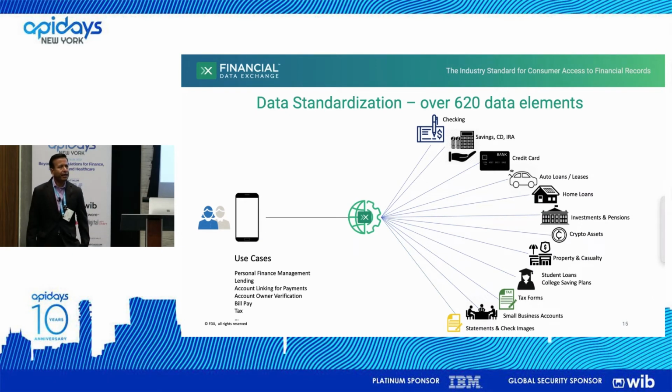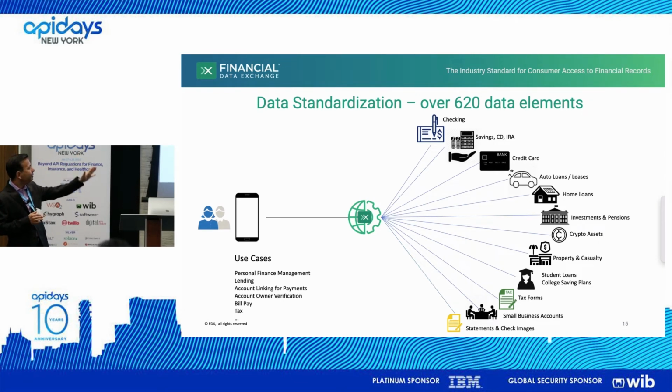In terms of the API and data standardization, FDX has taken a two-fold approach to standardization. On the right-hand side, you'll see a comprehensive mapping to all of the financial products.